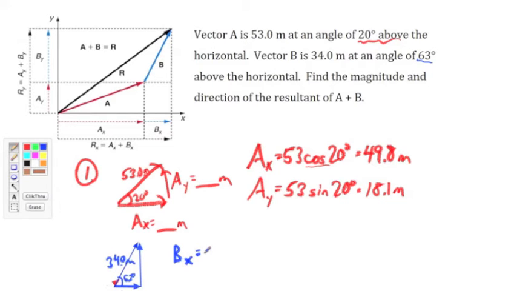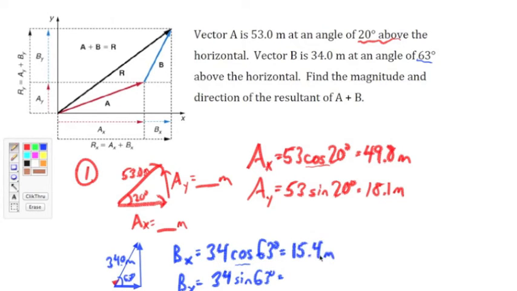So BX in this case will be 34 times the cosine of 63 degrees. I hope I've impressed upon you by now that this doesn't have to be cosine for x. It depends on how the triangle is drawn and where the angle is placed in that triangle. We could have 34 sine of 63 degrees for BY: 15.4 meters to the right, and 30.3 meters up.